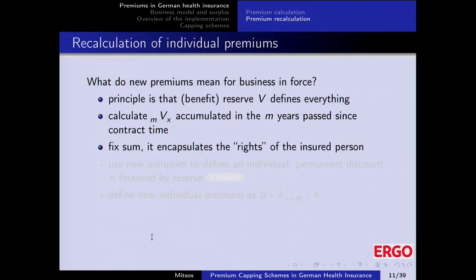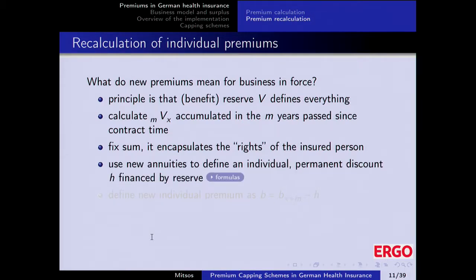Say this is a fixed sum. It encompasses the rights of the insured person, and we use the new annuities to define an individual and permanent discount that is financed by the reserve on the new premium to the age the person has reached.